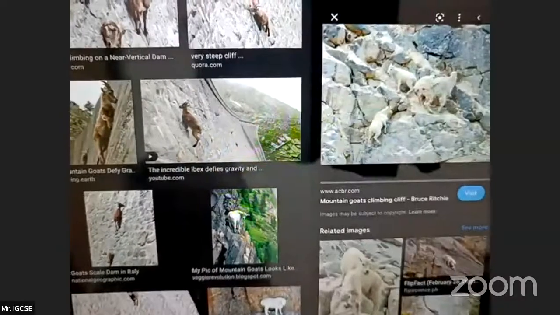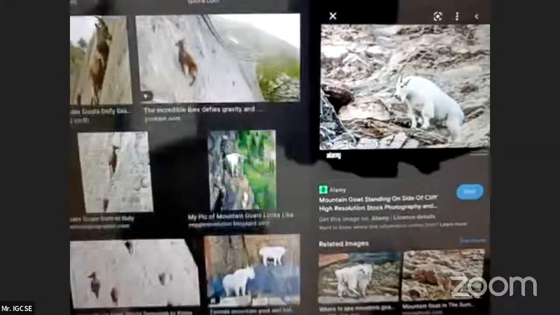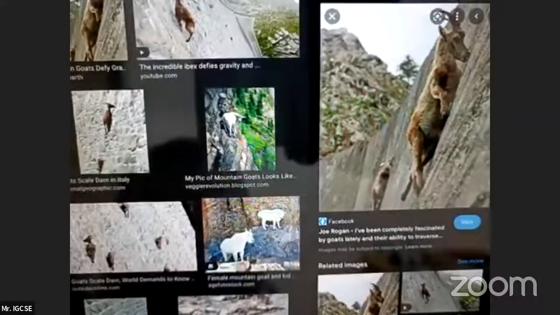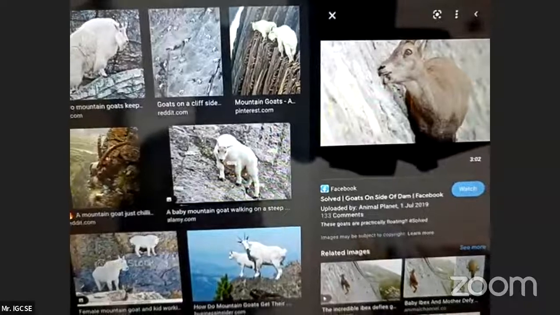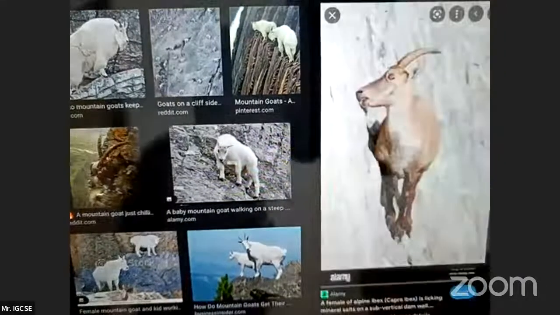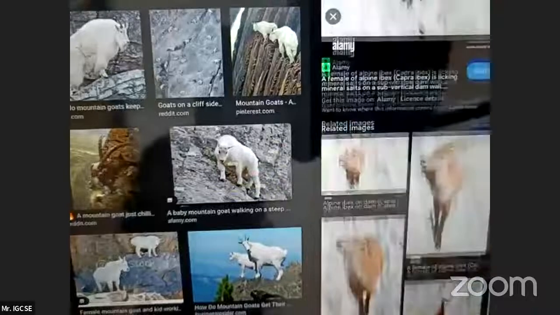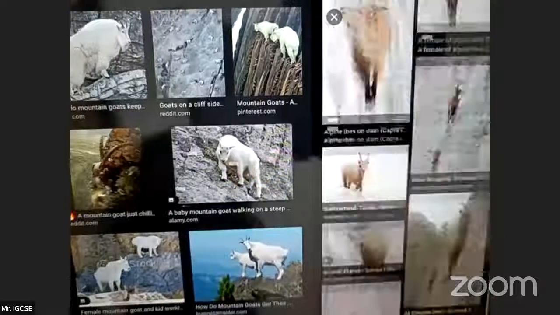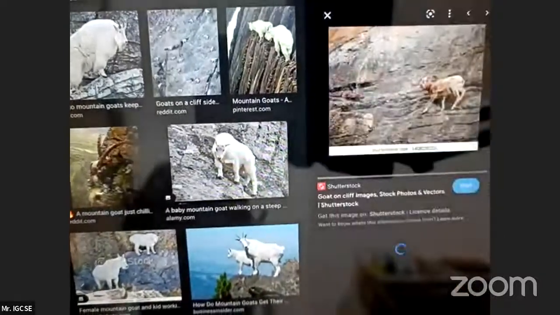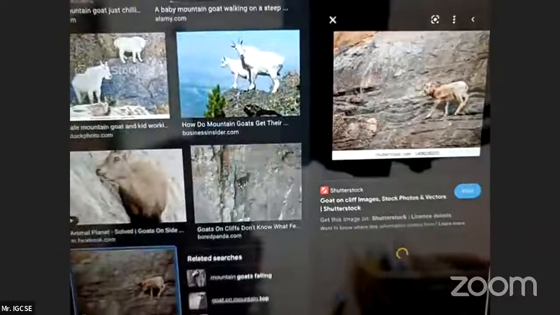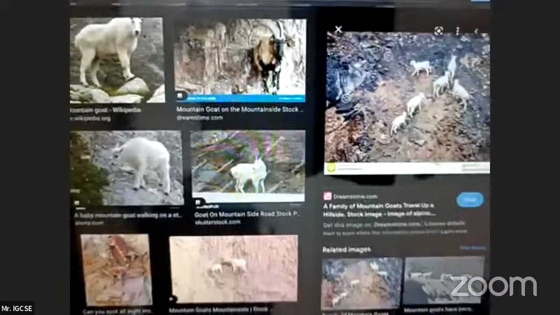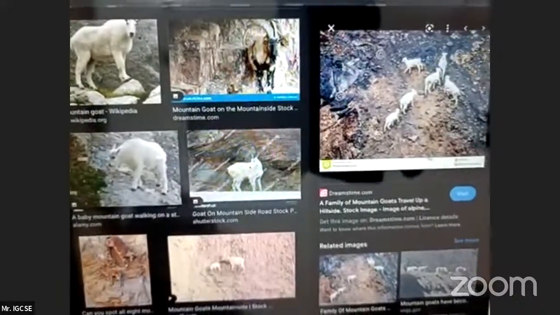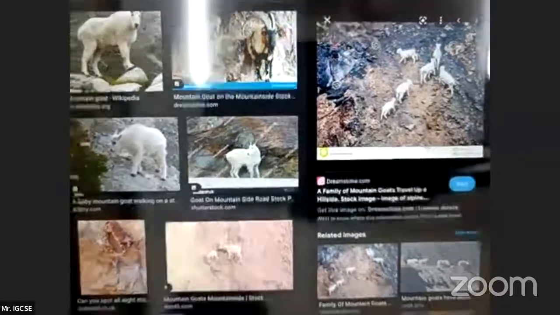They're good at climbing, right? Try your best to always find pictures and find some extra knowledge from your internet resources.